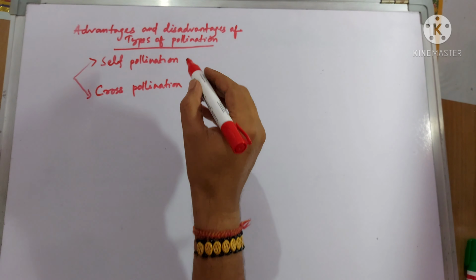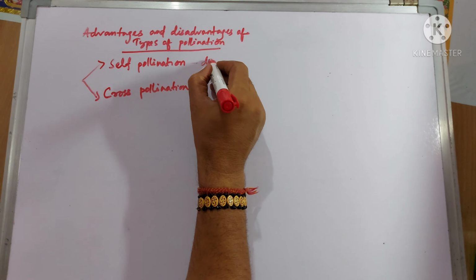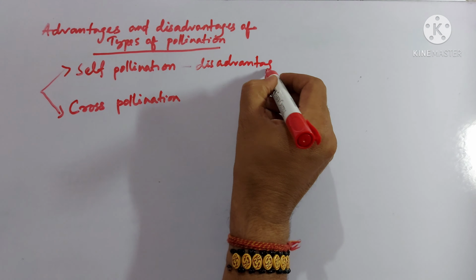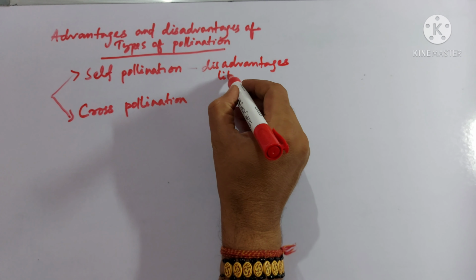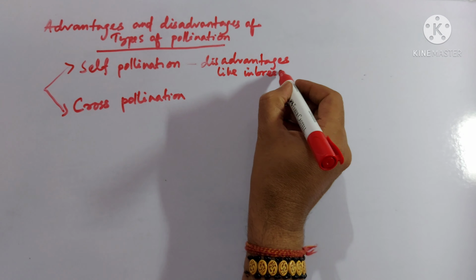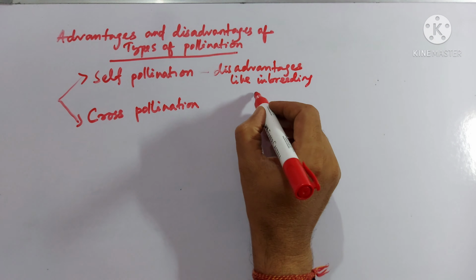Self pollination has disadvantages like inbreeding depression.